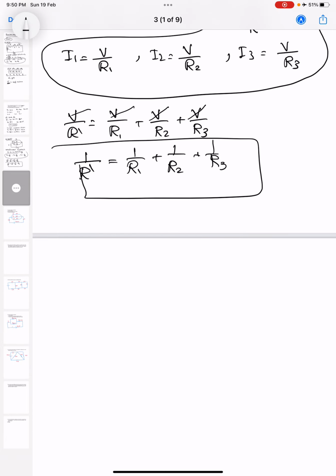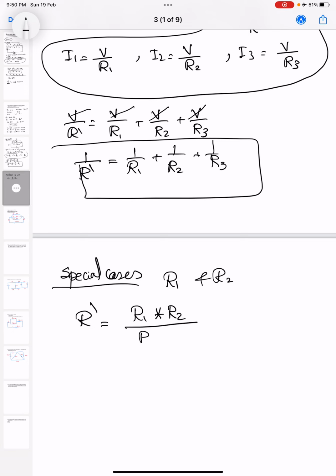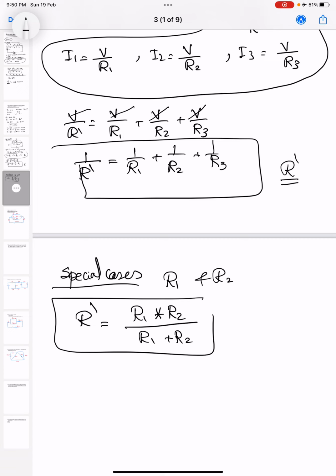In special cases, if we have two resistances in parallel, R1 and R2, the total resistance R dash equals R1 times R2 divided by R1 plus R2. Take care. In the first equation, after we calculate 1 over R dash, we must invert or take the reciprocal of it. We want R dash, not 1 over R dash.